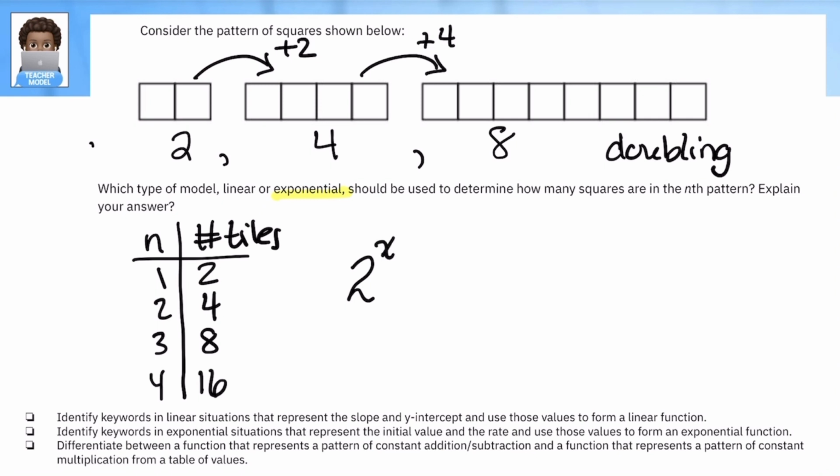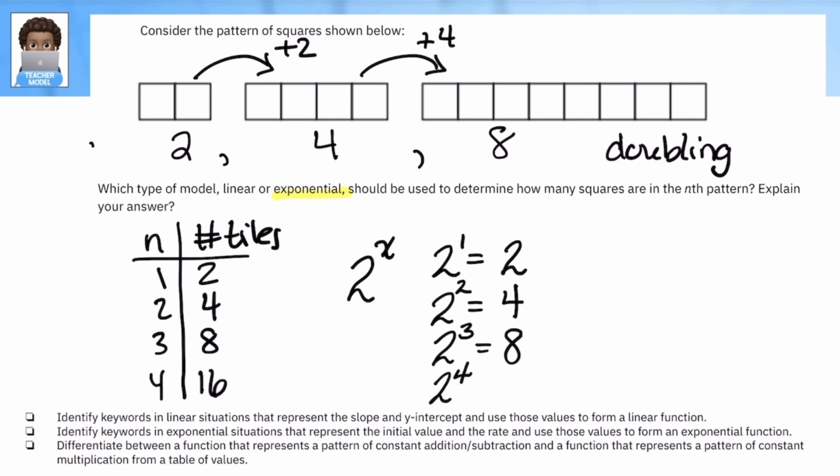And let's see if it actually works. For the first one, 2 to the first power would equal 2. 2 to the second power would be 4. 2 to the third power is 2 times 2 times 2 again, would be 8. So that's our doubling rule.